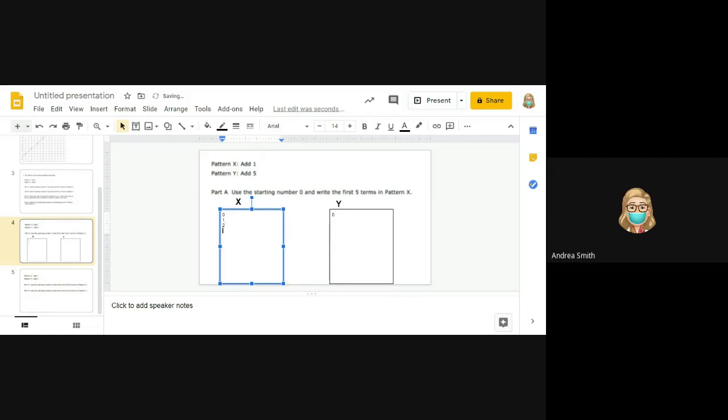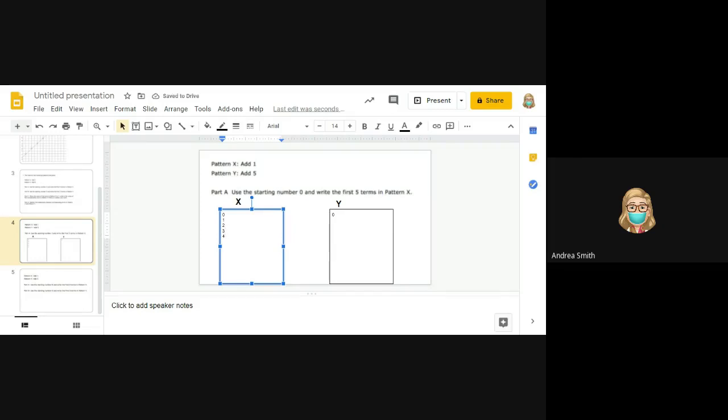Continue the pattern. 2 plus 1 is 3. Continue it again. Remember, we're just following the pattern for X, which is add 1. 3 plus 1 is 4.